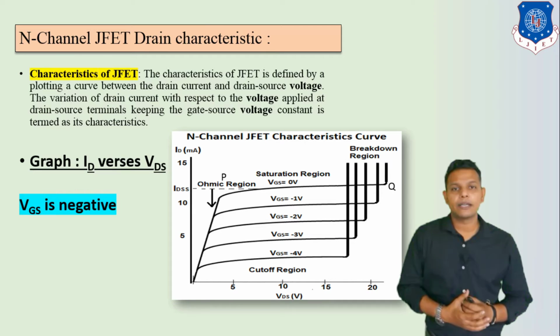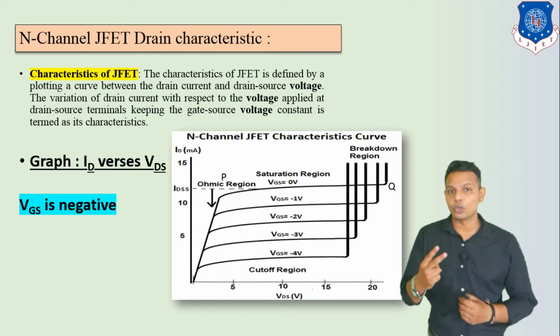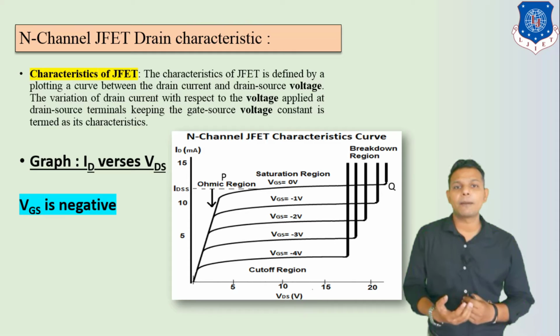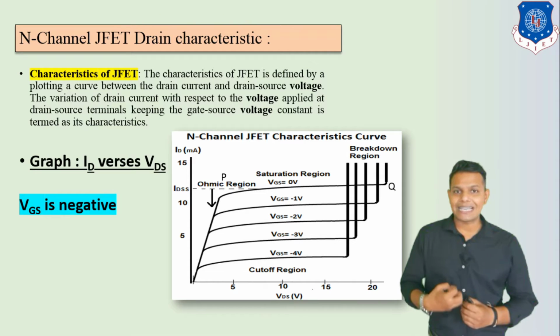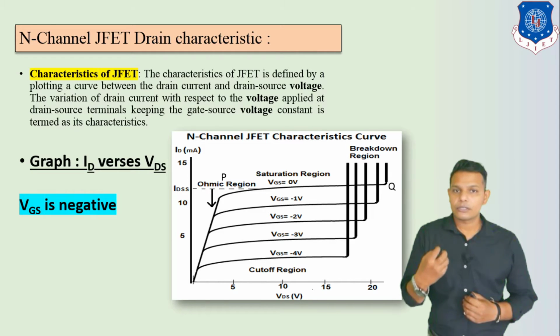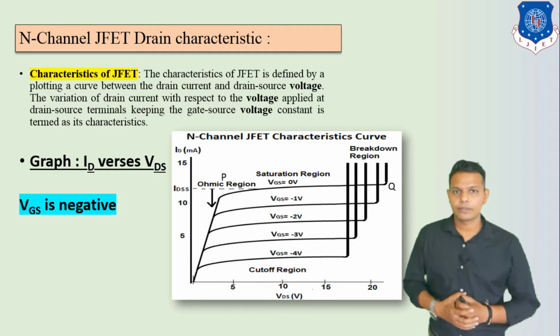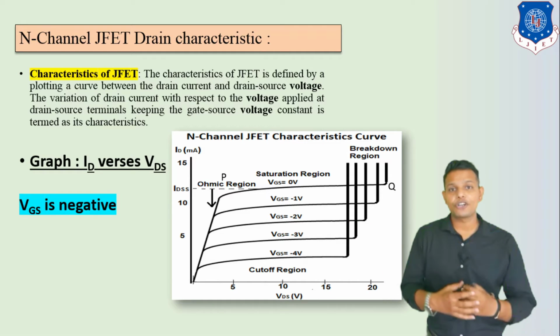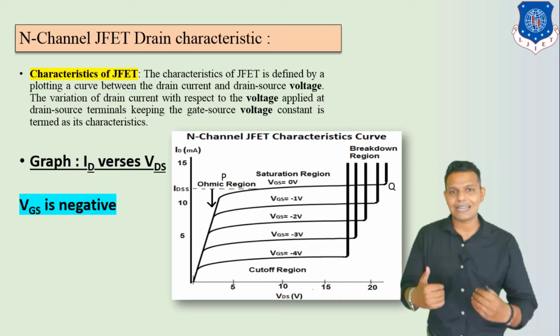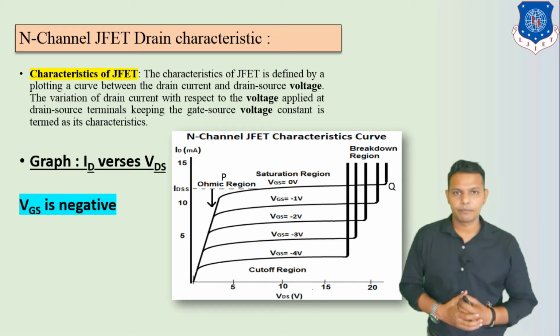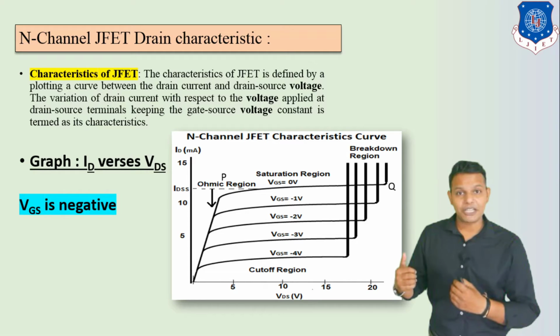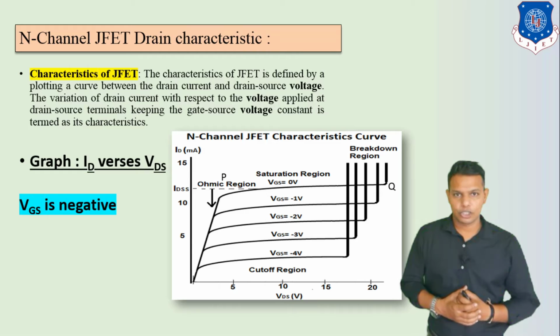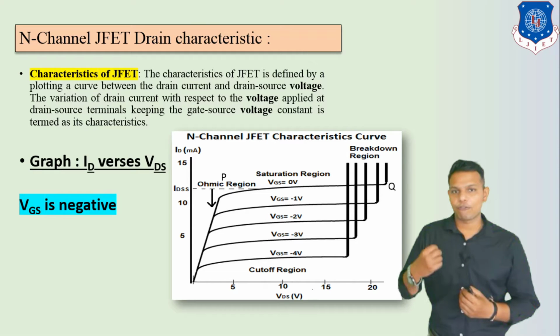Then in case number 2, remember this thing, if we apply VGS negative, or we can say we apply a small VGS, at this time we can see the depletion region is penetrated slightly in the N channel. That is an obstacle for the drain current. So it means your flow of drain current becomes reduced.